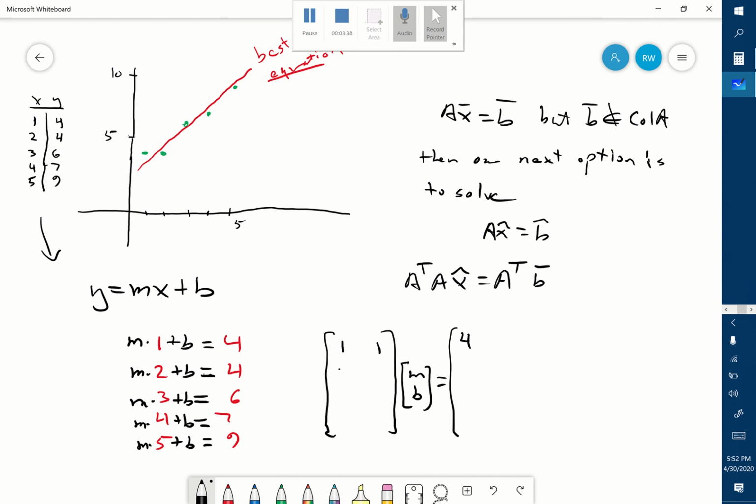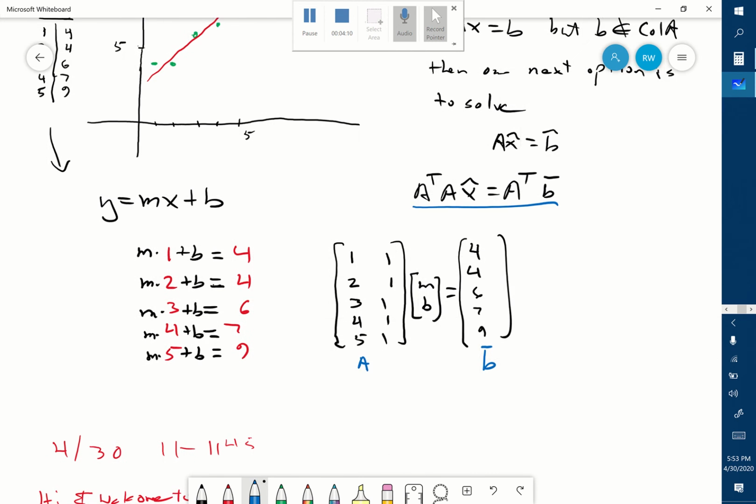Now you see the pattern, 2, 1. I'm counting the coefficients of m and b. 3, 1, 4, 1, 5, 1. And we want them to get to 4, 4, 6, 7, and 9. So playing the role of A in this formula is this matrix. Playing the role of b is this vector.